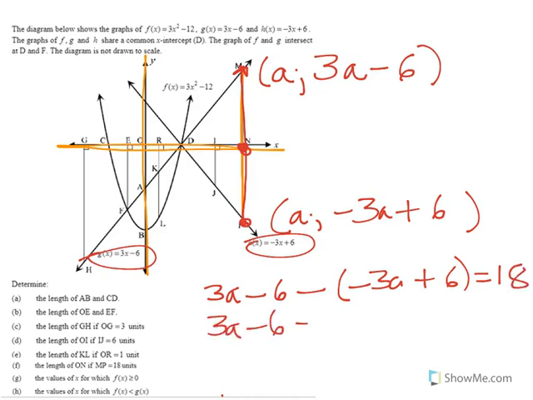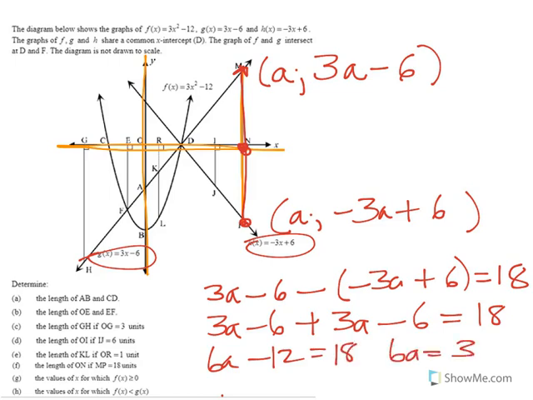So we have 3A minus 6 plus 3A minus 6 is equal to 18. So we've got 6A minus 12 is equal to 18, 6A is equal to 30, and A would be equal to 5. So that means that the coordinates of N would be 5 and 0, because A has been found to be 5. And so ON would be 5 units long.